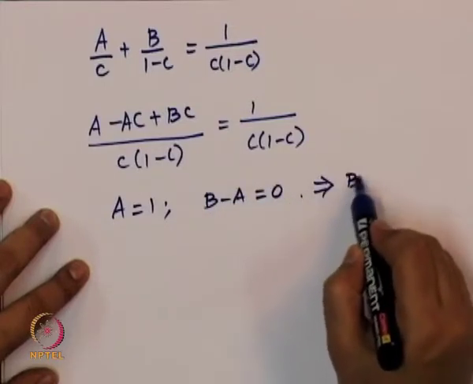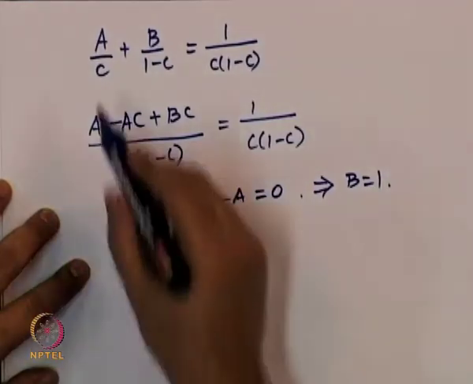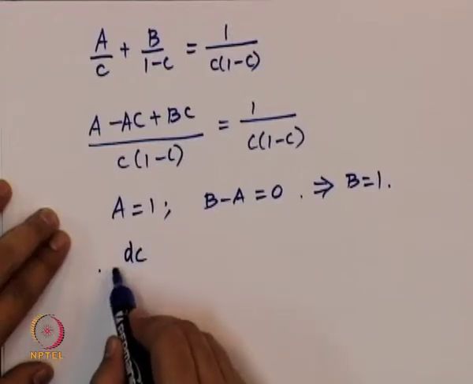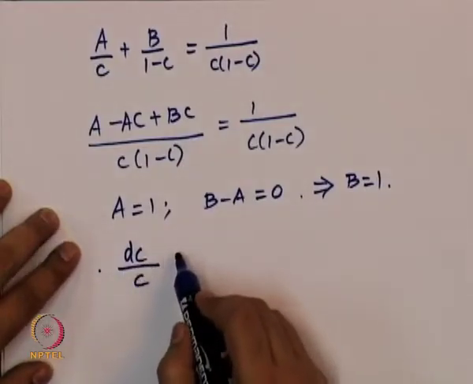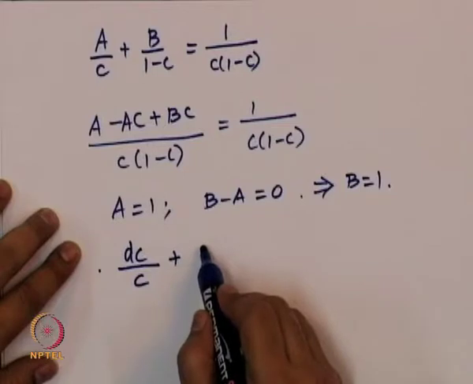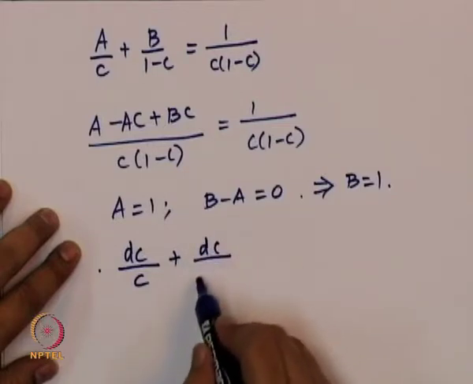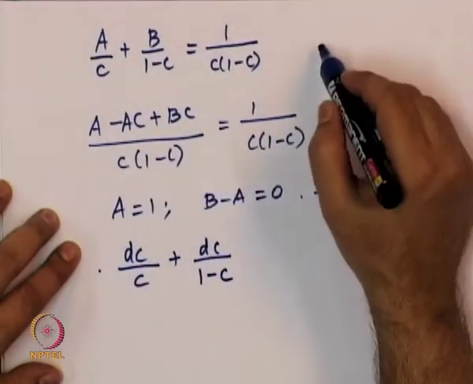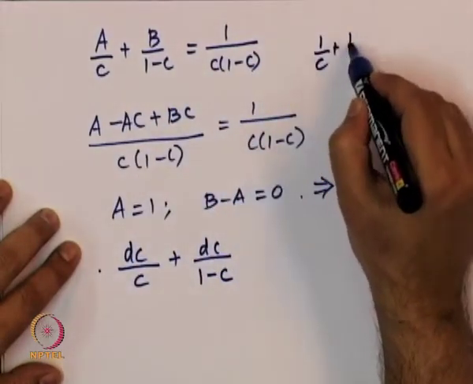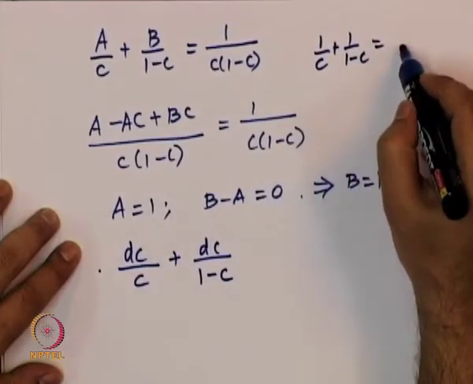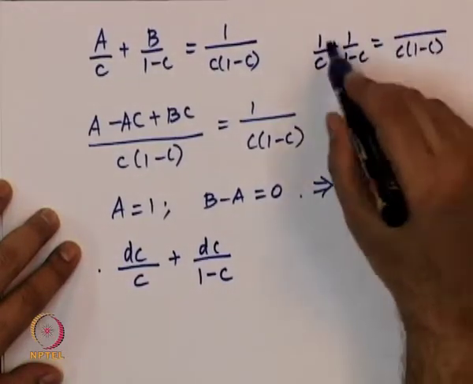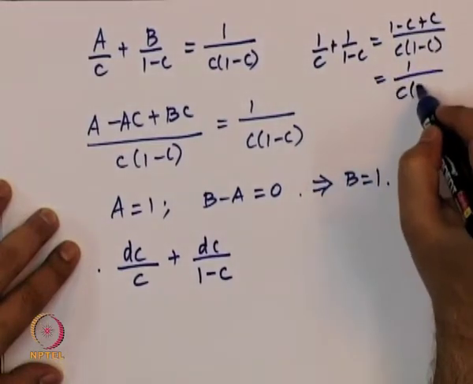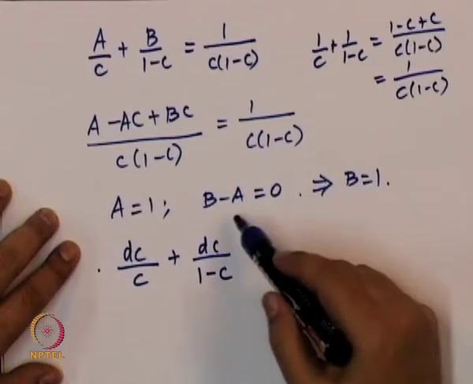That implies b is equal to 1. Okay. So, we see 1 by c plus 1 by 1 minus c is equal to 1 by c into 1 minus c. That is what we basically have found out.